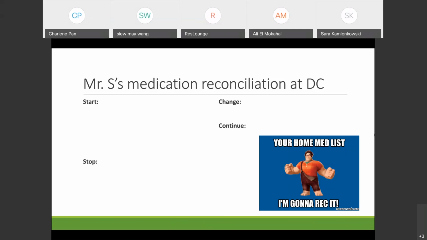All right, are you guys ready? All right, so what medications do you want to start for this patient? Start in the middle. What else?